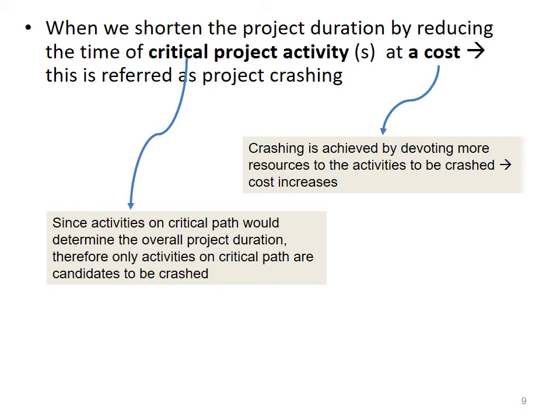So ini adalah dikatakan project crashing. Okay, so crashing selalunya is achieved by devoting more resources to the activities to be crashed. Okay, so the cost increase, and since the activities on the critical path would determine the project duration, therefore only activities on critical path are the candidates to be crash.